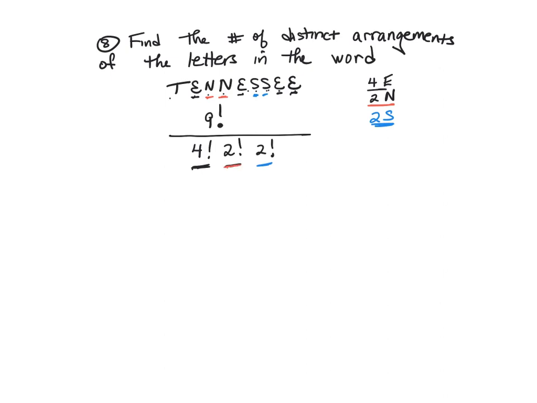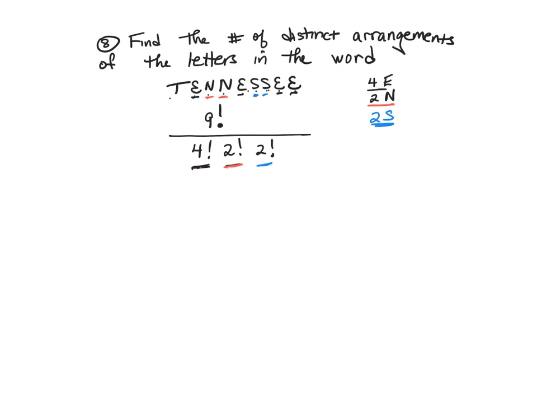The number of ways to permute the 4 E's and the 2 N's and the 2 S's when they are different would be 4 factorial times 2 factorial times 2 factorial, which would go into the denominator.